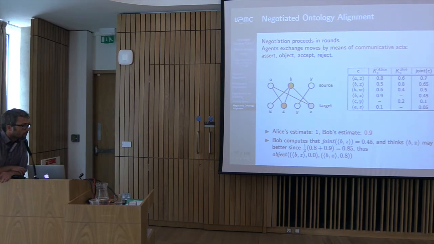And Bob computes the joint value given his own private value. So this is 0.45. But now he thinks that it could be the case that there is a related correspondence. Why is it related? Because it also involves B. The previous one was BZ, but now there is BX.